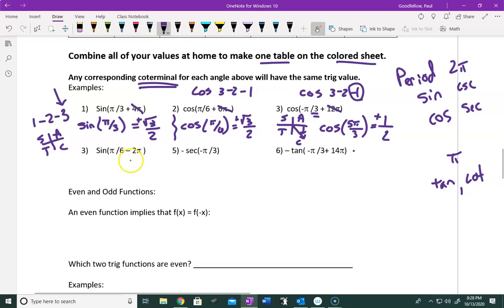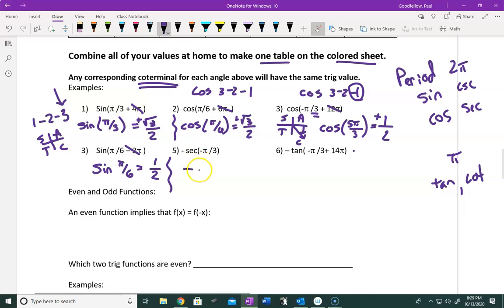Now, as we get further along on these, you're going to start to see that they're going to mix all kinds of funky things in there. Subtracting 2 pi. This is really sine of pi over 6. Sine's 1, 2, 3, so the answer is 1/2. Okay? Pretty straightforward concept. Next guy, secant. Now, there's a negative on the outside. Leave it out there.